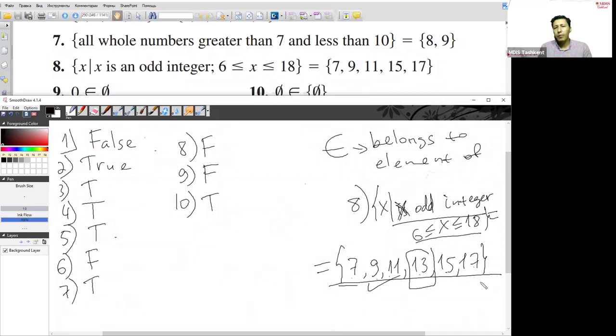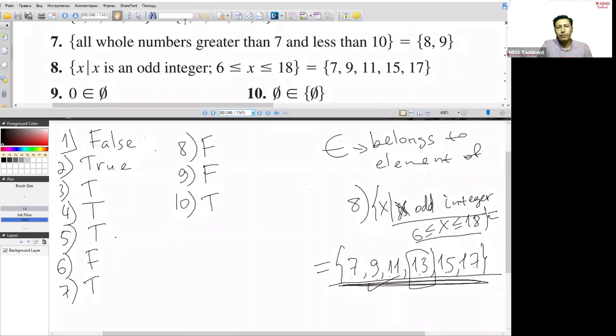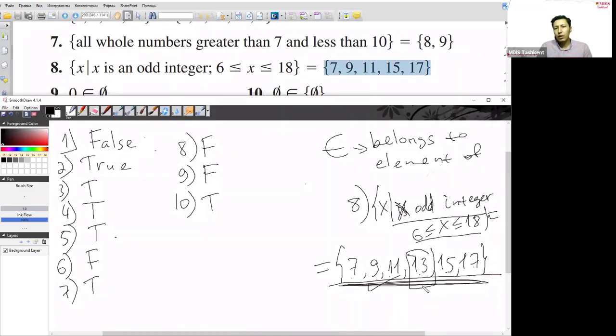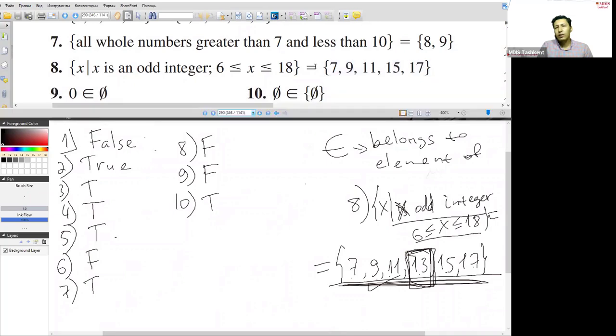Now we compare this one with the right side set. Are they the same? No, because this set contains 13 also, but the right side doesn't have 13. So they are not equal. So this statement is false.